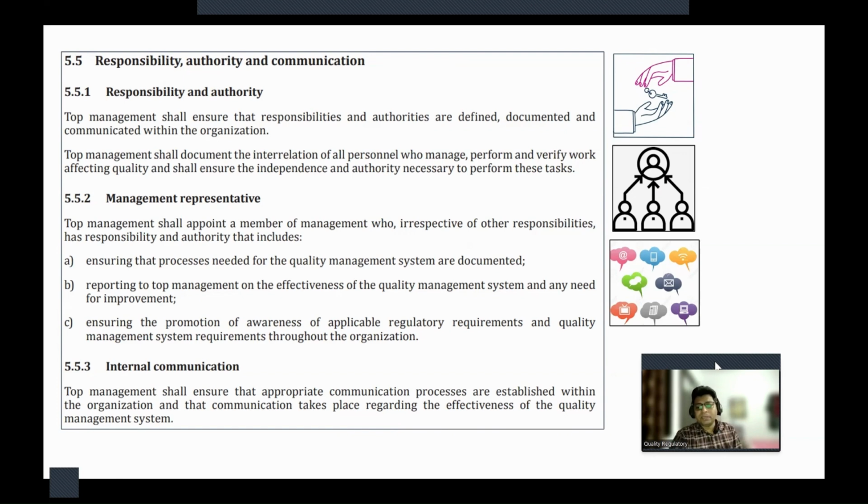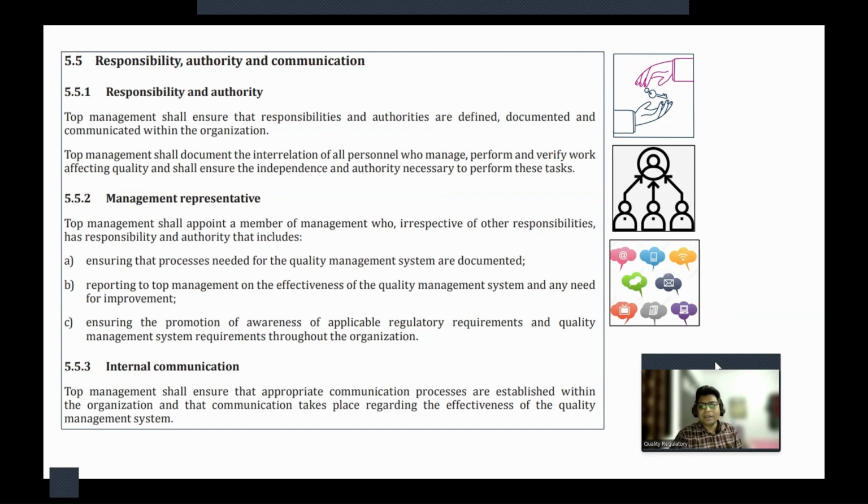Management representative. So this is the requirement as per 13485 that a management representative has to be assigned by the top management, who will take care of the responsibility of the quality management system being effective and performing well. Okay. So how will management decide?